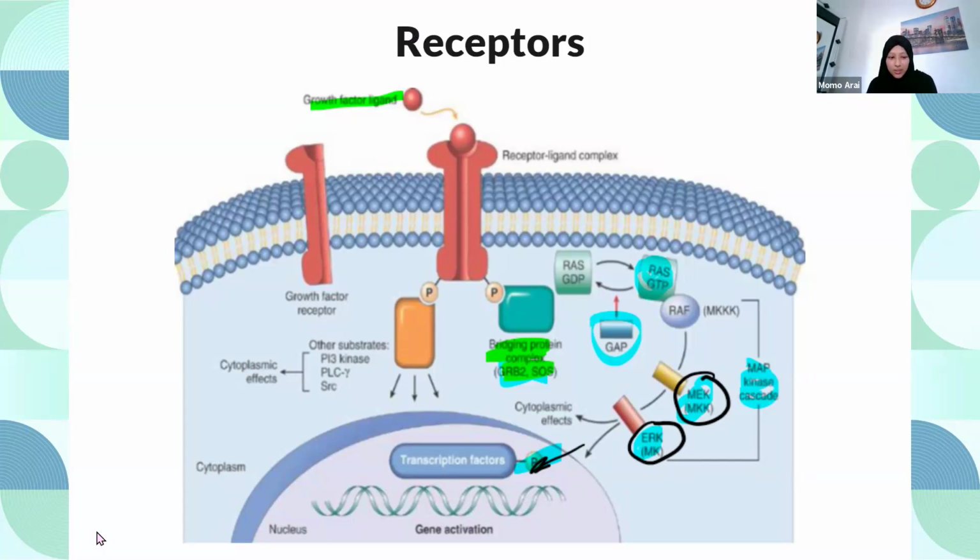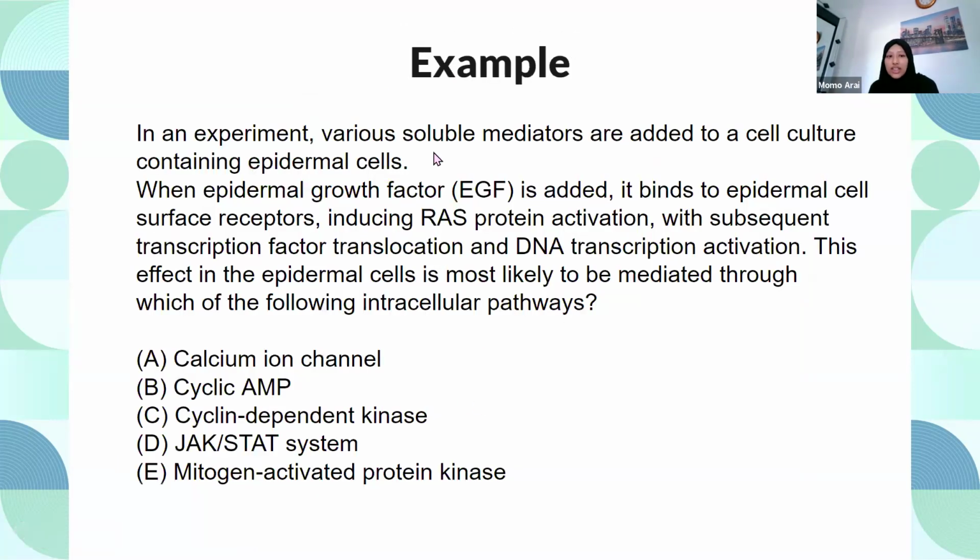So I have an example of a question that they could ask you. Let's read through it. In an experiment, various soluble mediators are added to epidermal cells. Whenever they say mediators, just think of growth factors. When epidermal growth factor is added, it binds to its receptor, inducing RAS protein activation.